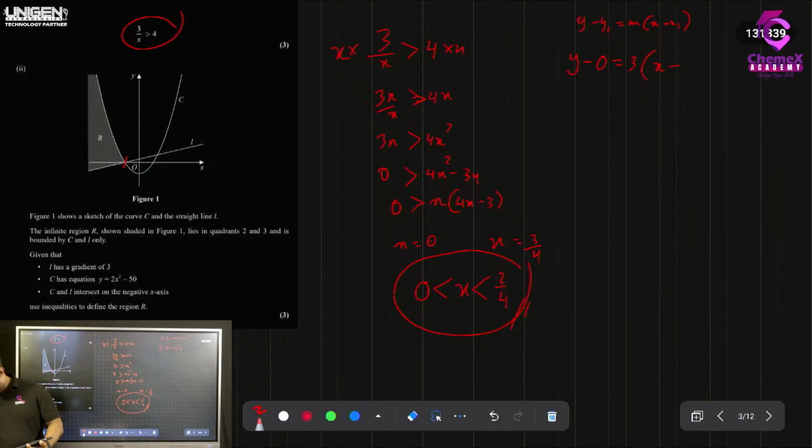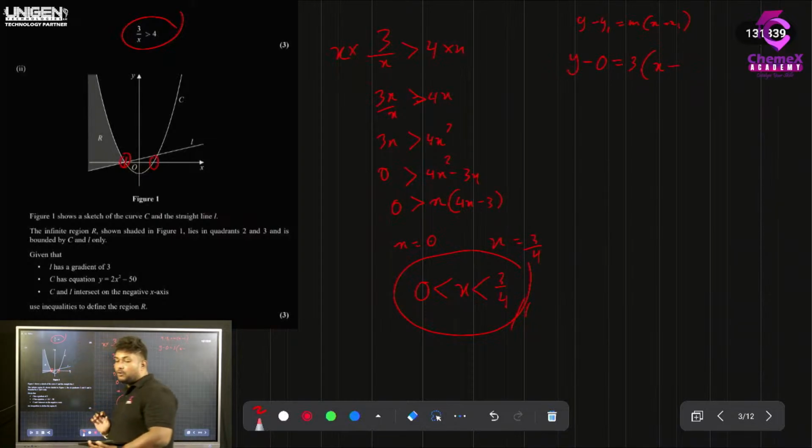So let's check. I uploaded the paper. This is the question. This gradient is given, and what else have they given? Yes. So how do you take that? Because you know the U-shaped graph cuts the x-axis at this place, right?